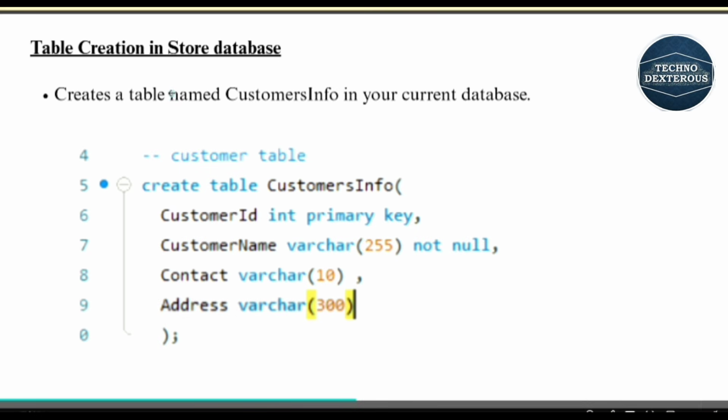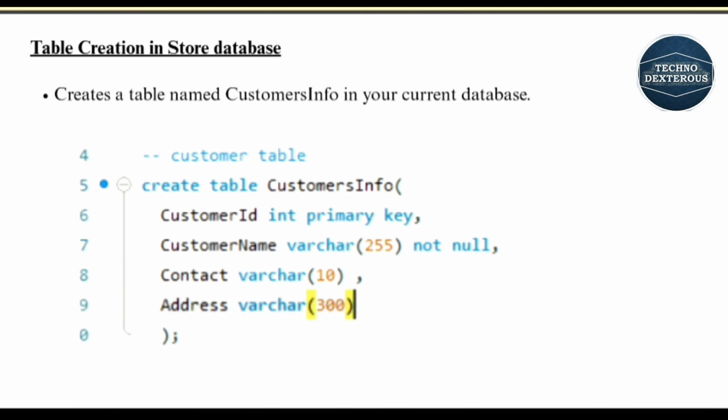Table creation. Firstly, we create a table in the store database. For creating a table, we write CREATE TABLE, then the table name, then customer_id. Customer_id is an int, where int is the data type, and it is the primary key.